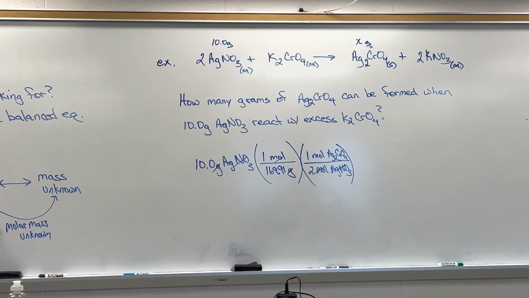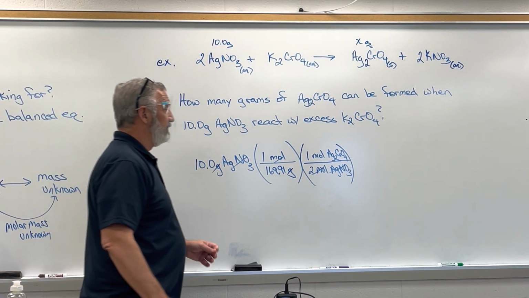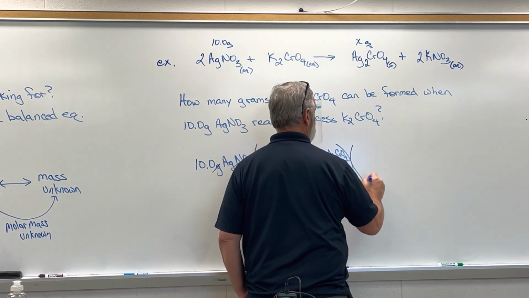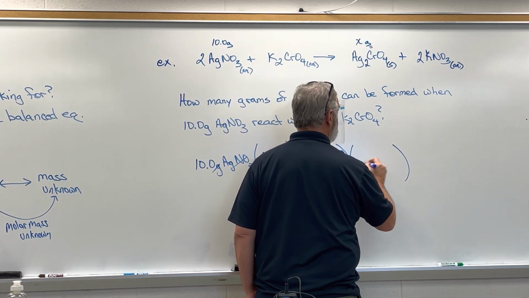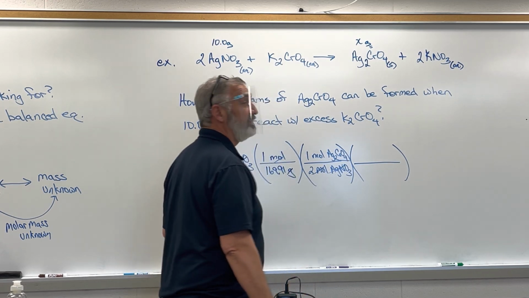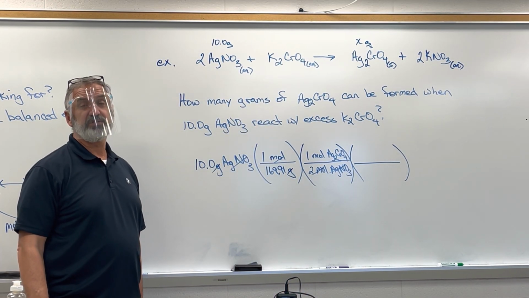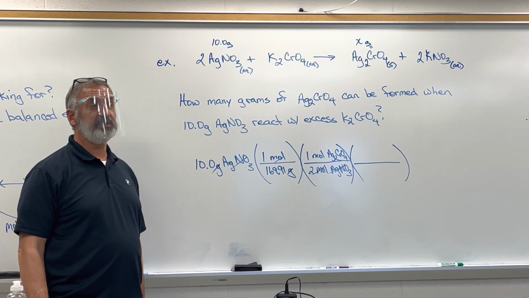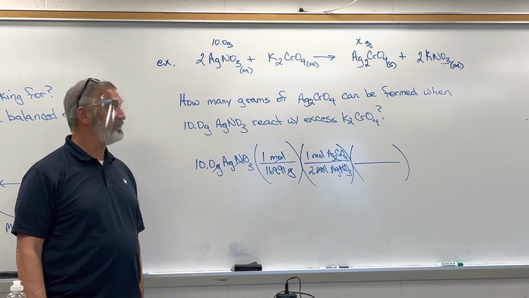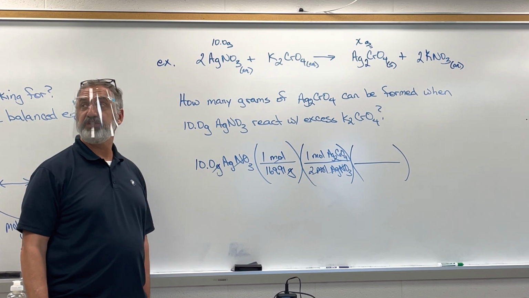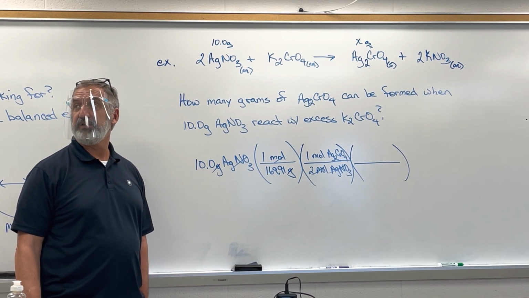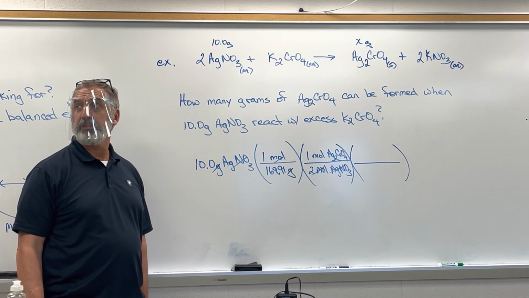But how do I go to grams? Well, of the unknown, which is the silver chromate, the Ag2CrO4. So somebody on a calculator put all these numbers in. 107.9 times 2 plus 52 plus 64. 331.8.